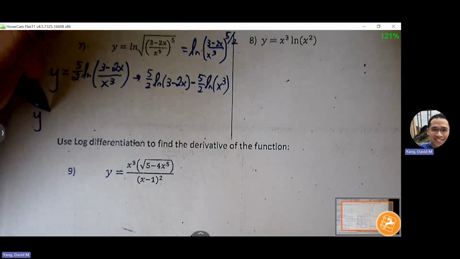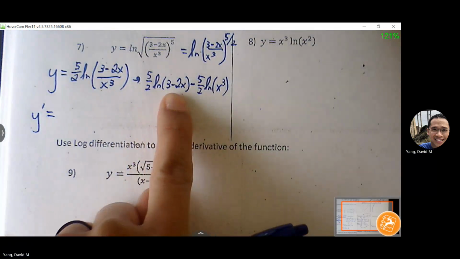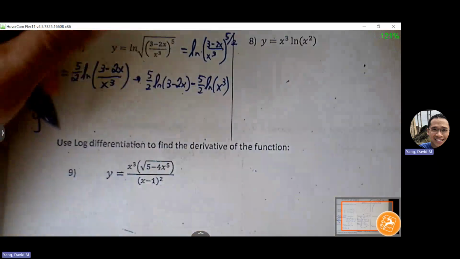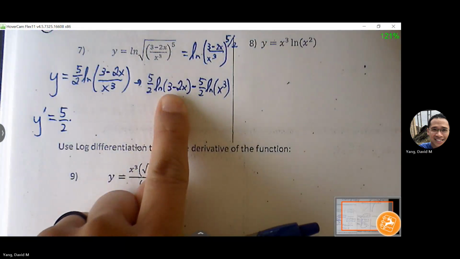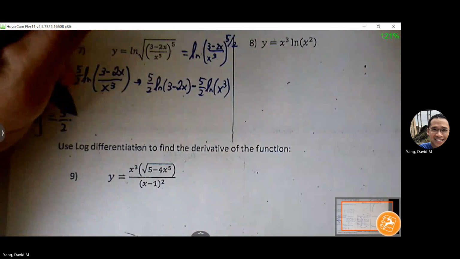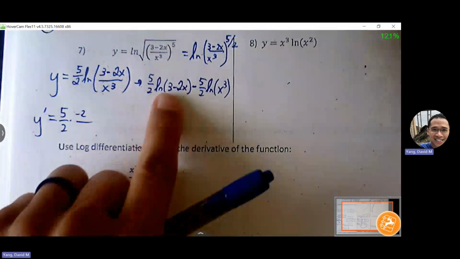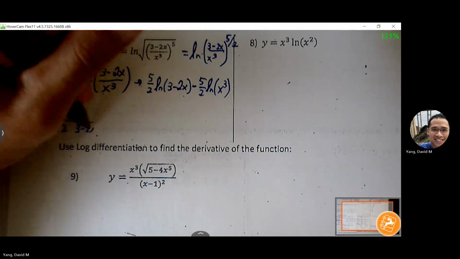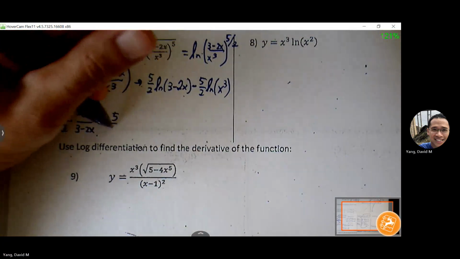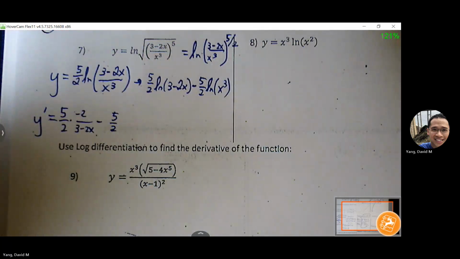Y prime equals 5/2 is a coefficient. That's not going to go anywhere. That's just going to hang out in front. Okay, u prime over u. Negative 2 over, and 3x squared over x.